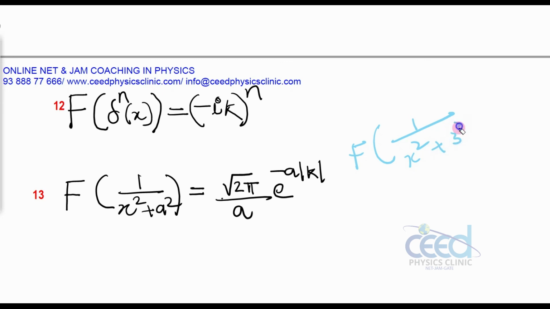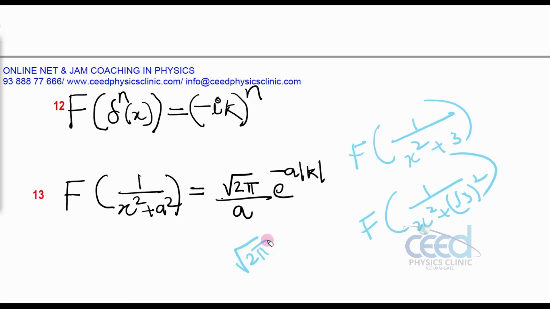Here 3 is the square of root 3, so it is f of 1 by x square plus root 3 the whole square. You can substitute the value here: root 2 by pi, and the a value is now root 3. As per this equation, the a value is root 3, so it is 1 by root 3 e raised to minus root 3 into k. So this is the Fourier transform.